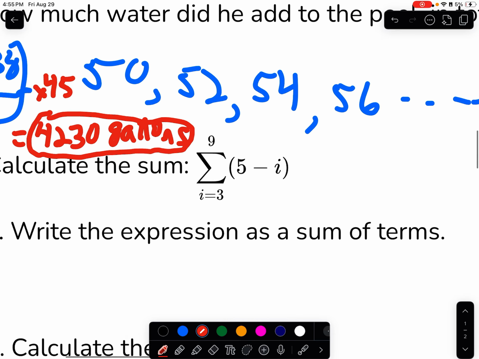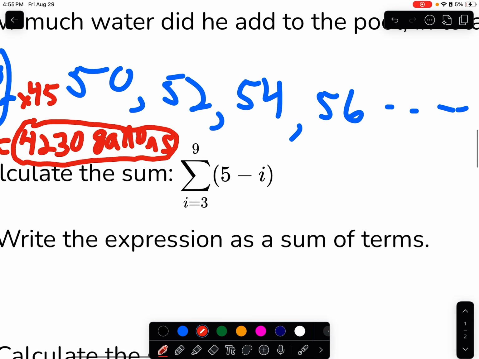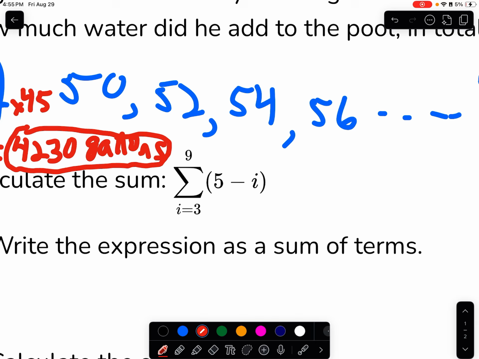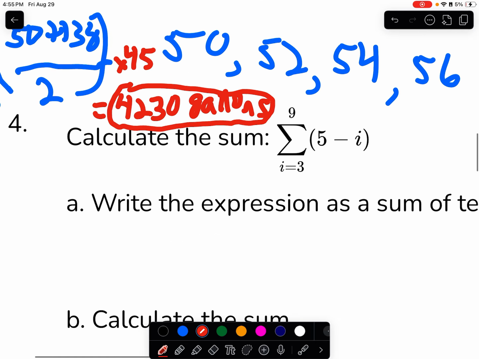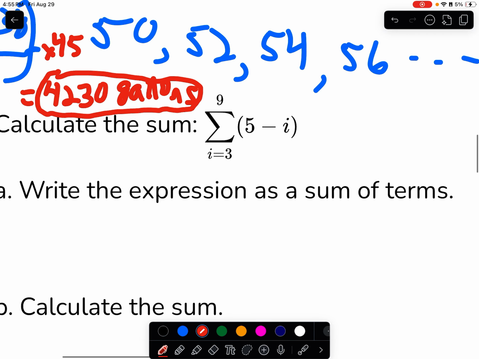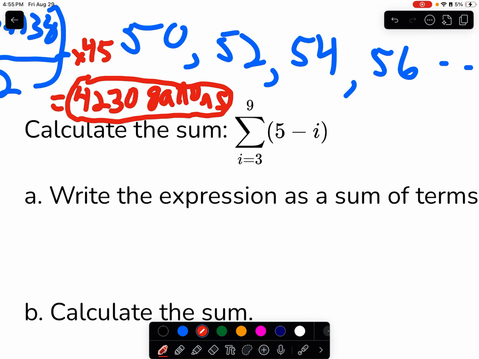Then on this one, calculate the sum from i equals 3 to 9 of 5 minus i. Write the sum as an expression, as a sum of terms. So remember, this is your start, and this is your finish.